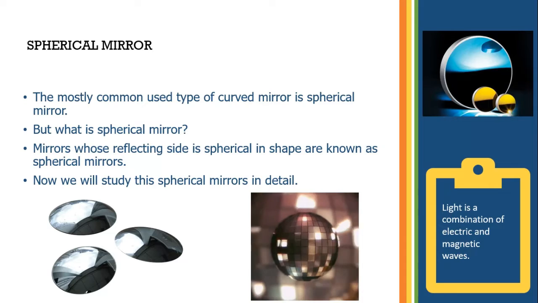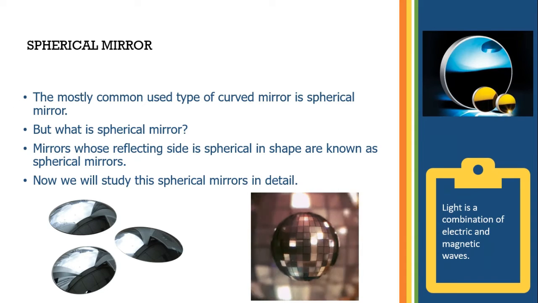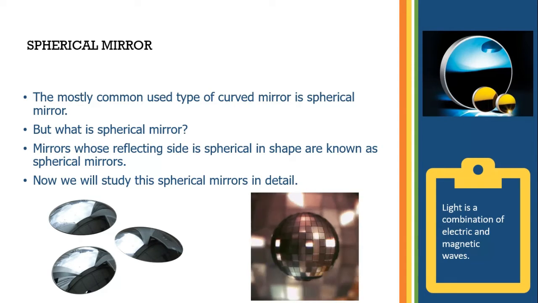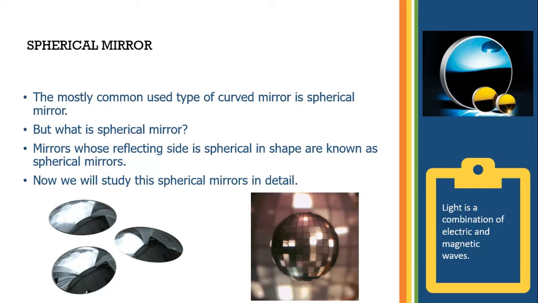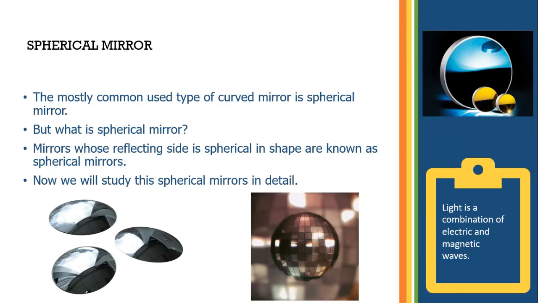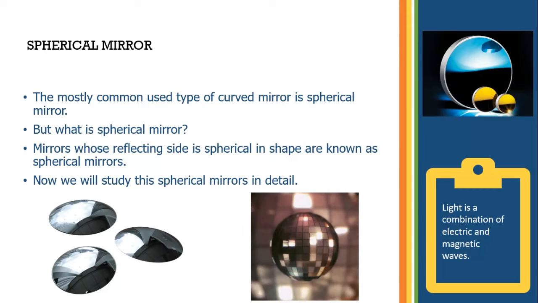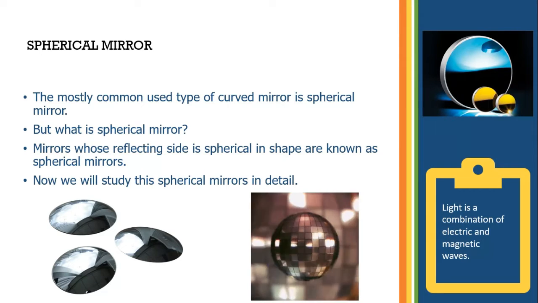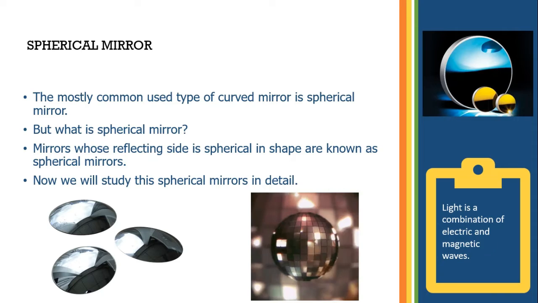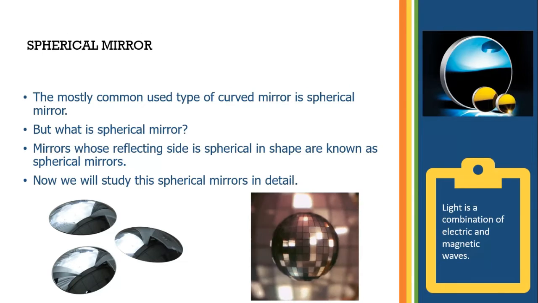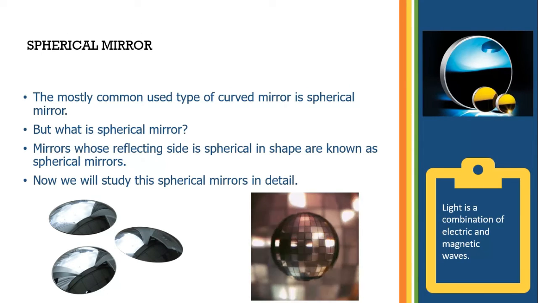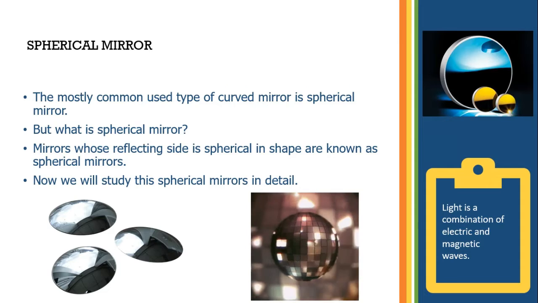But what is the reflecting side? In the previous video, we discussed the surface on which the incident ray comes and the reflected rays go. The surface on which all this happens is the reflecting surface. And if this reflecting surface is spherical in shape, meaning rounded in shape, it is known as a spherical mirror.